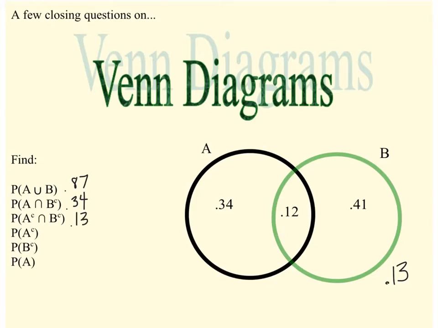And then we've got the probability of not A. So what I would maybe think of real quick is the probability of A by itself is 0.46. So the probability of not A is 1 minus 0.46.